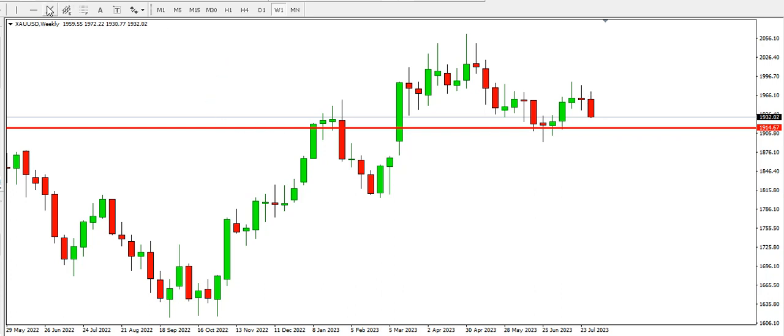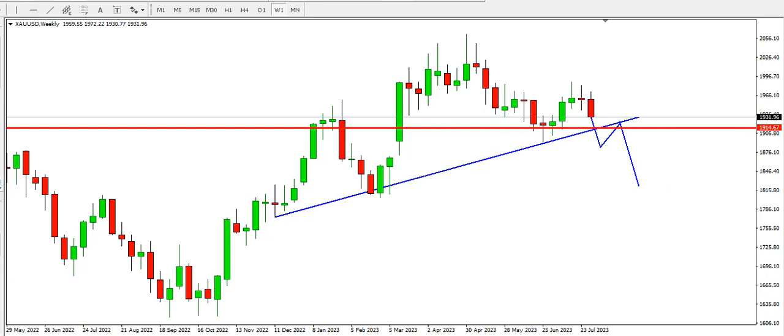We might be looking at something like the head and shoulders pattern, where price might drop, then give us a retest, and then continue to drop. All right, that's what it's looking like right now.